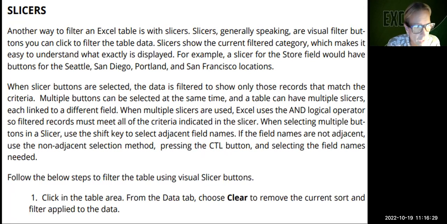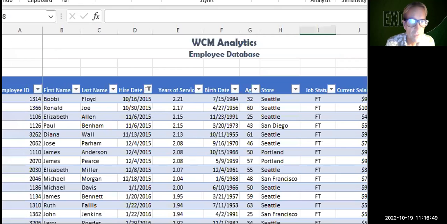So we left off from the last video on page 309, about halfway down, and the section for slicers begins. So this is where this video begins. I did open up my HR report file. So let's see, that should be open right there.